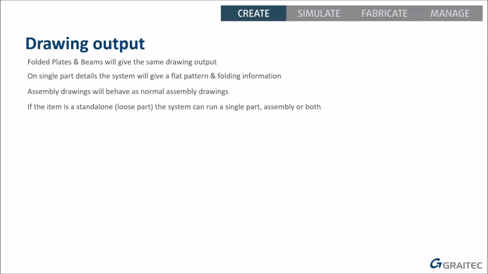So a standalone part is a loose item. There is a management setting that tells the system whether it can run a single part drawing, an assembly drawing, or both. Probably something that you guys have changed over time within your management settings. Because I'm running an out of the box system, I'll show you what you get out of the box.